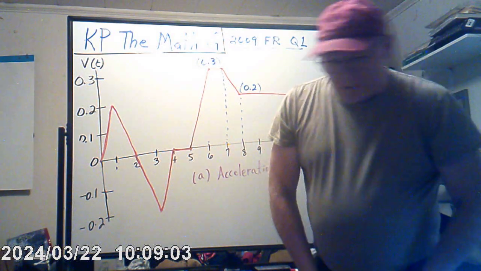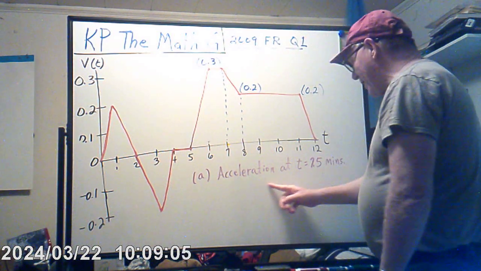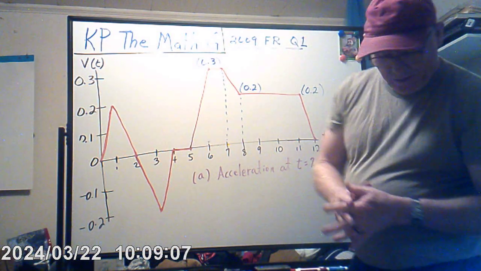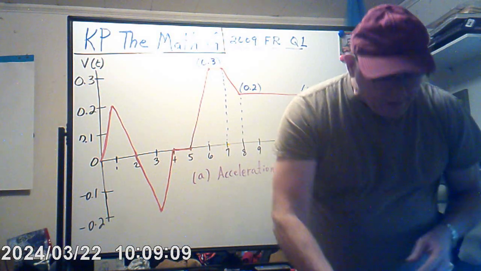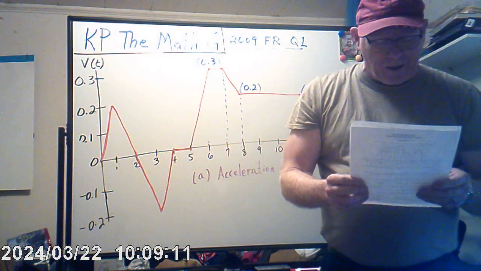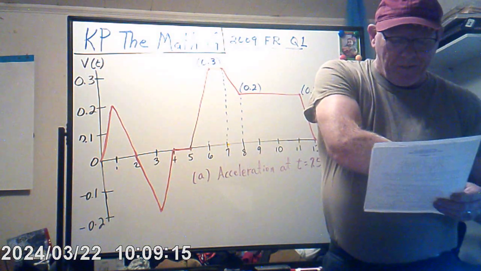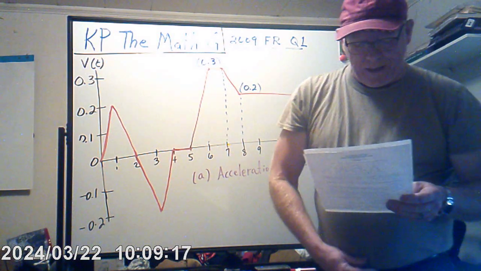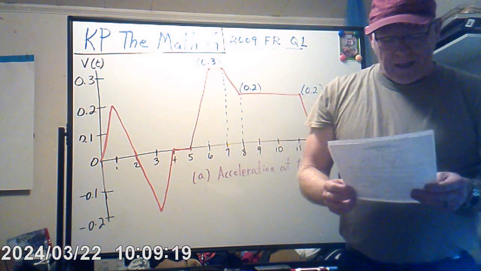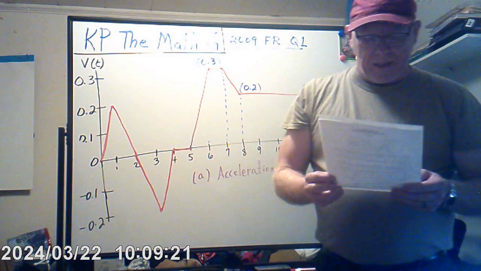The first one says, find the acceleration. It's talking about this girl named Caren who rides her bike along a straight road from home to school, starting at home at t equals 0 minutes and arriving at school at time t equals 12 minutes.